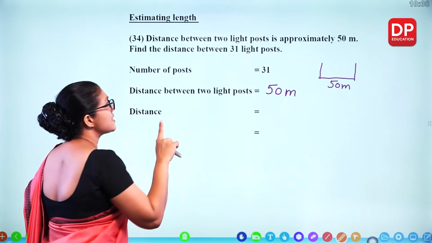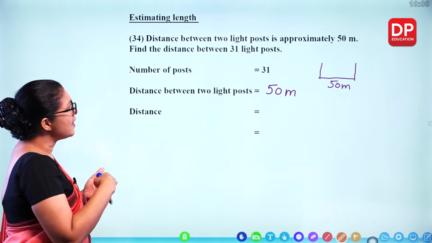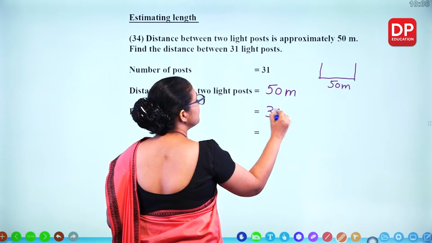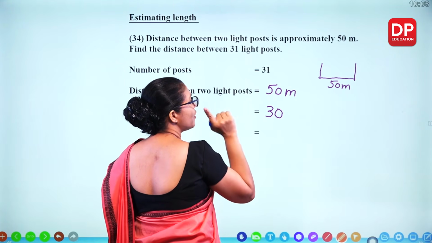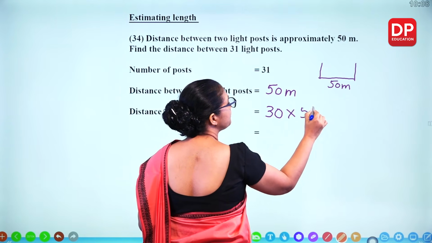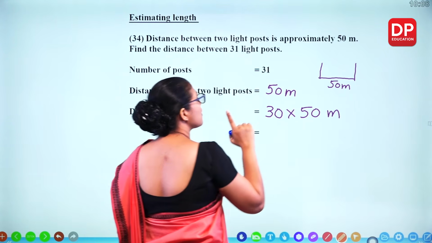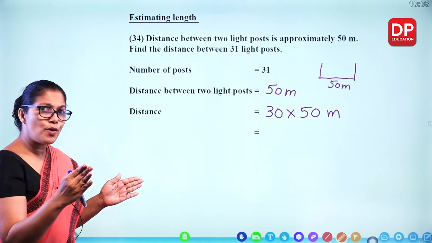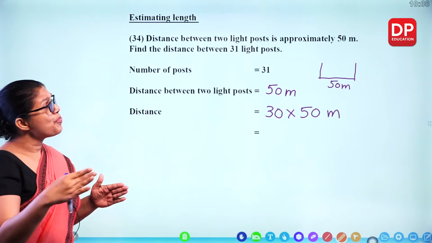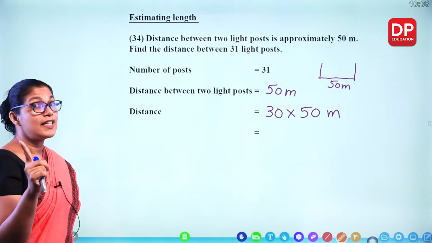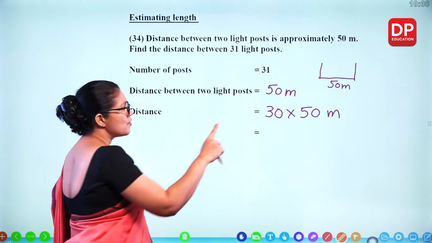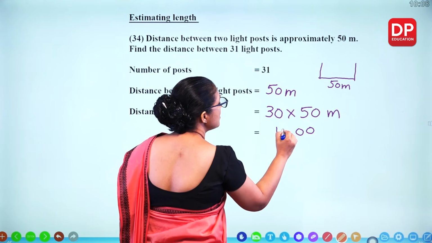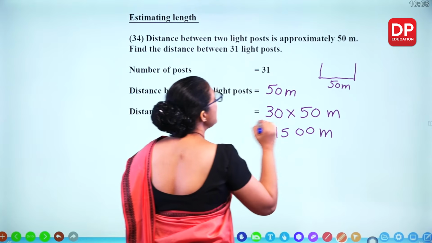But what's the distance between 31 light posts? 30 gaps are there, not 31, into 50. So when you take the gap between 2 light posts, 50. There are 30 gaps like that for 31 light posts. So when you multiply, you get 1,500 meters.